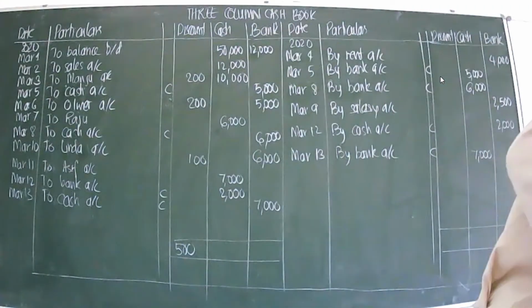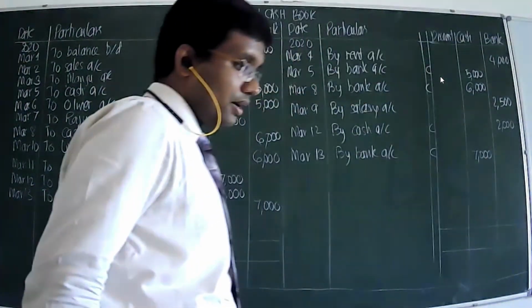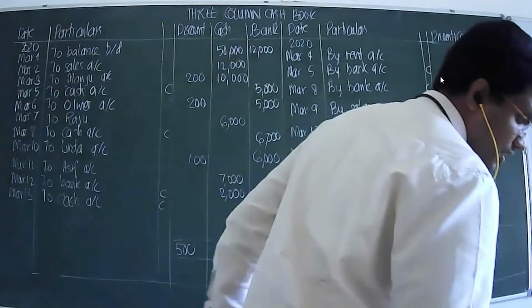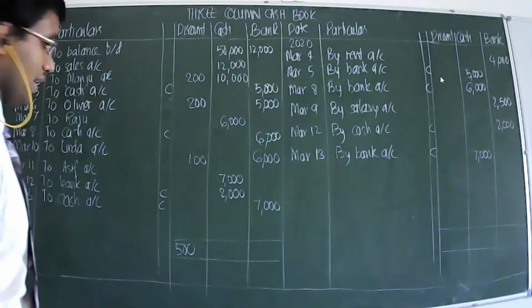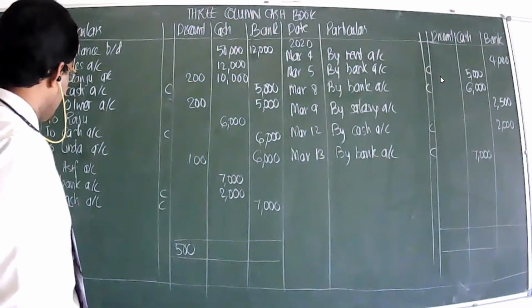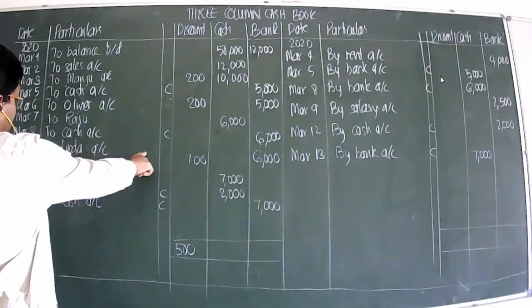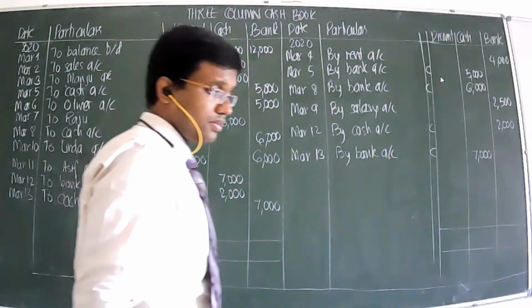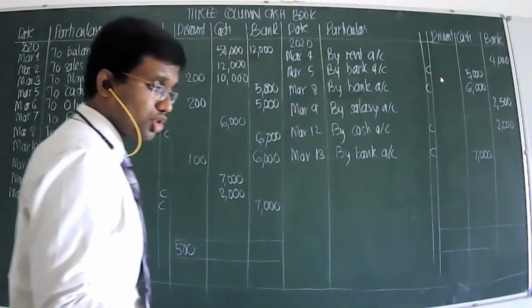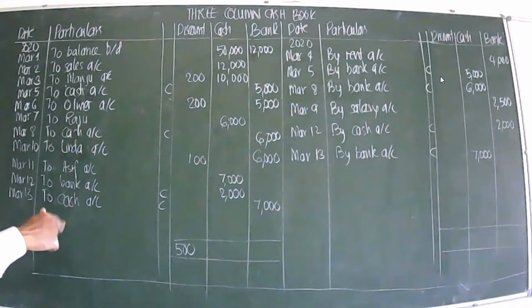So in the meanwhile, there was a question that came up. March 10th, Linda, it should be credited. It's a credit entry. Okay, so credit entry. Remember, Linda is paying us money. Okay, Linda paid. She's paying us, and how is she paying?